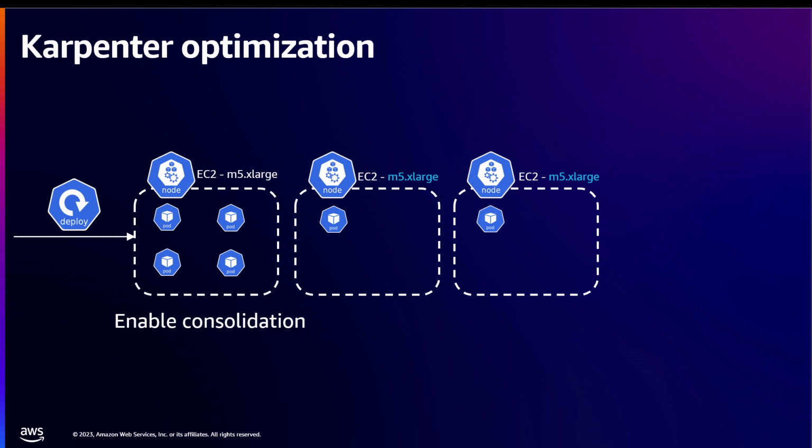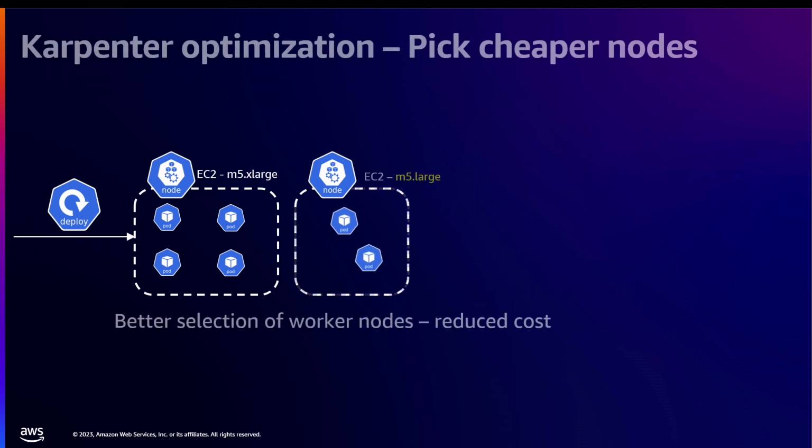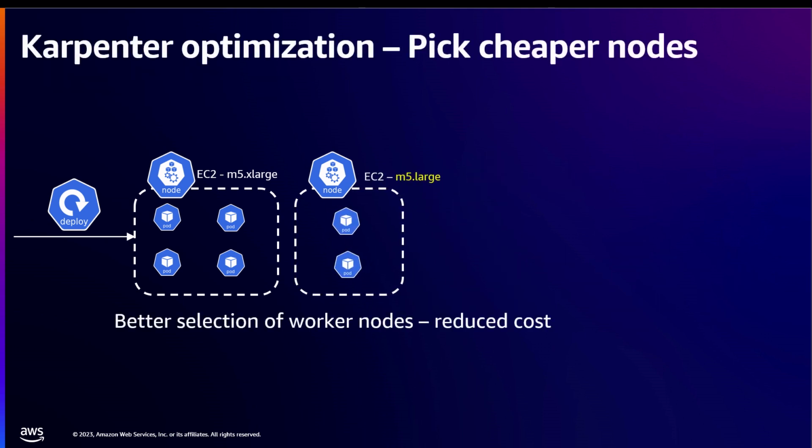Even if we consolidate these 2 pods into one M5.xlarge, there will still be waste. So Karpenter will get rid of those 2 M5.xlarge, provision a M5.large, and bin pack your nodes. So it's better selection of worker nodes and reduced cost.